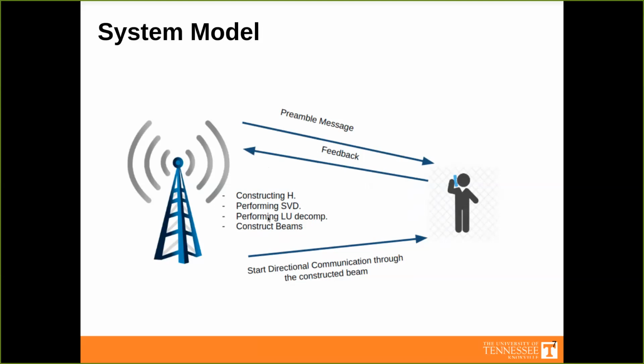After that, we perform the LU decomposition on the transmitter side and the receiver side. Then we construct our beams using hybrid beamforming and the matrices that we got from the LU decomposition. And then the directional transmission between the transmitter and receiver through narrow beams will start.